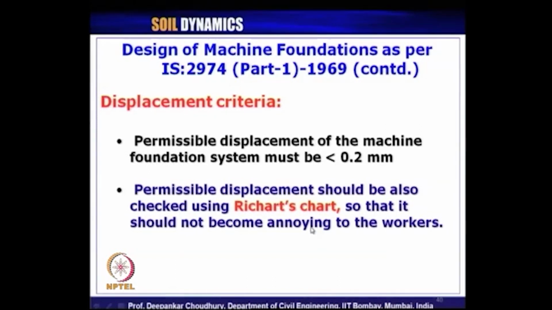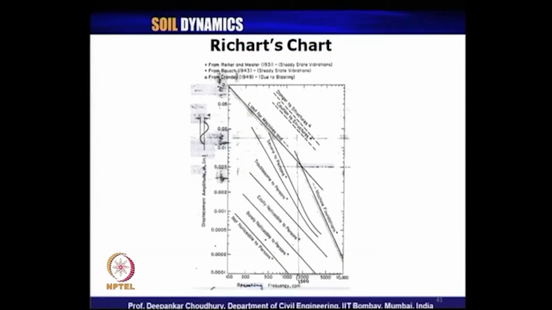Richard's chart is used worldwide because this chart provides that qualitative assessment, and it needs to be checked when you are doing any design of machine foundation. IS code also suggests that. Let us look at Richard's chart now.